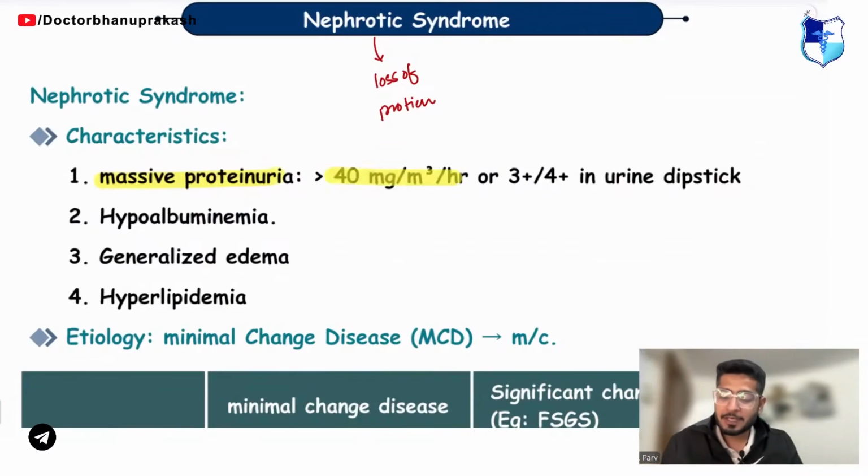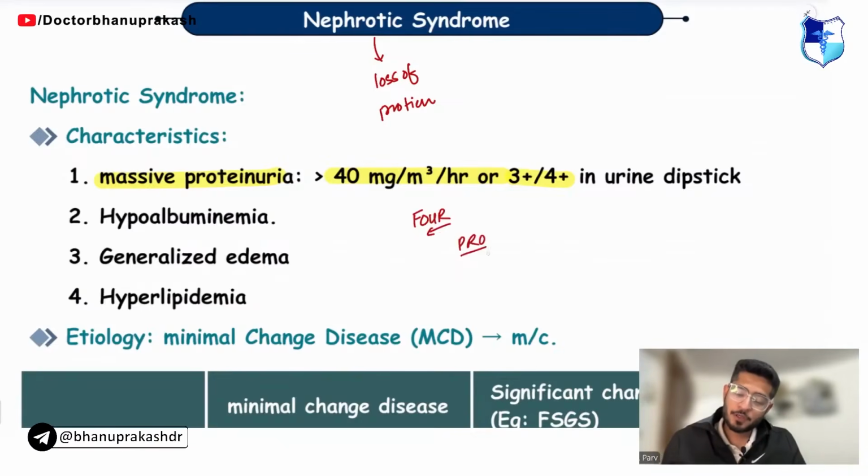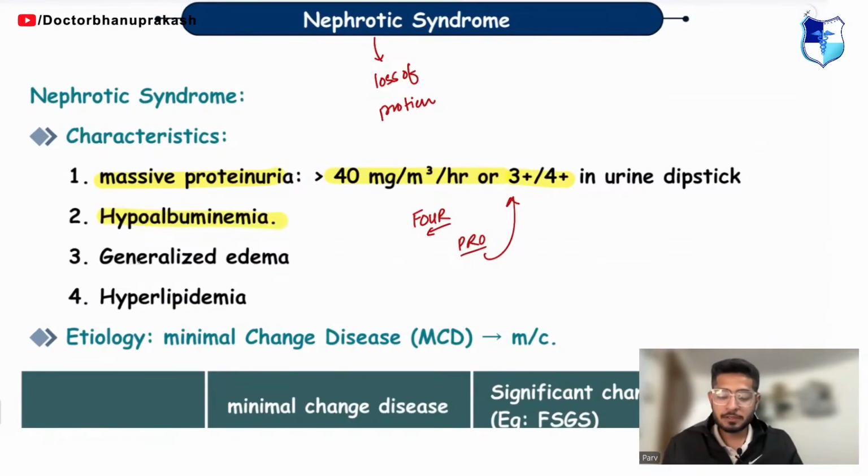Like more than 40 mg per meter squared per hour, or 3 positive or 4 positive. So remember 4, protein is going to be 4 or 40 mg per meter squared per hour. There will be hypoalbuminemia, there will be generalized edema. Why is there edema? Because of loss of albumin, there will be an increased amount of water.